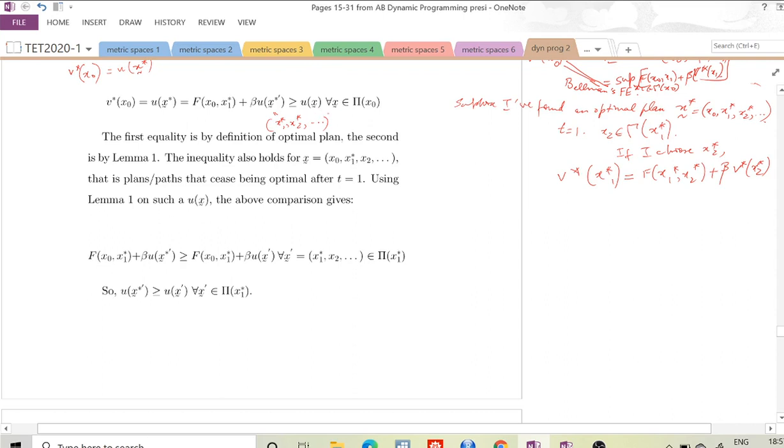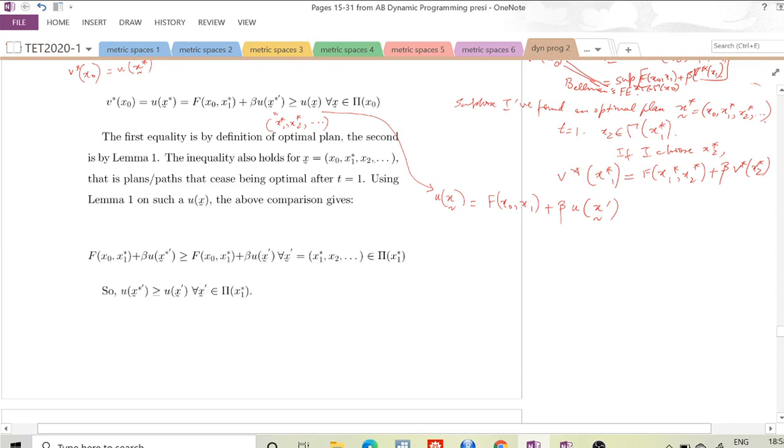Lemma 1 would say, look, u of x tilde is equal to f of x naught, x1 plus beta times u of x tilde prime, for any feasible path, right? So one feasible path is x tilde that starts with x naught and then chooses the x star 1 from the optimal plan once, but then follows some other feasible x2 and so forth, right?